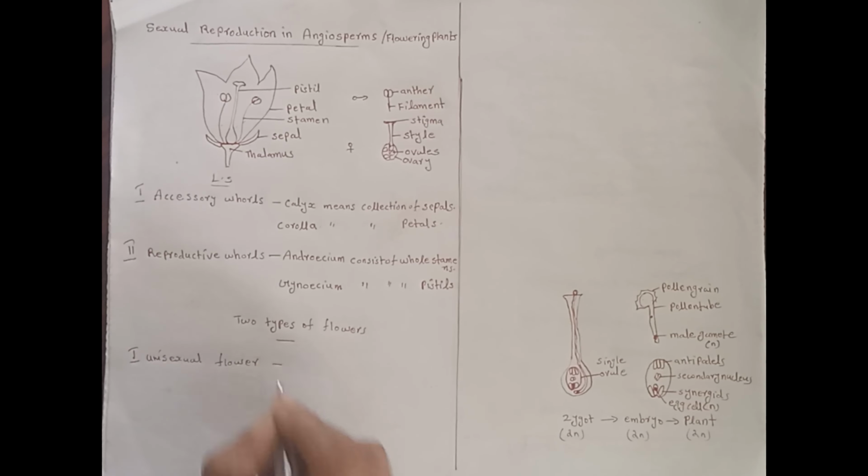What is a unisexual flower? A flower with only one type of reproductive organ. Male flowers have only stamens and female flowers have only pistils. Unisexual flower means a flower with only one type of reproductive organ.